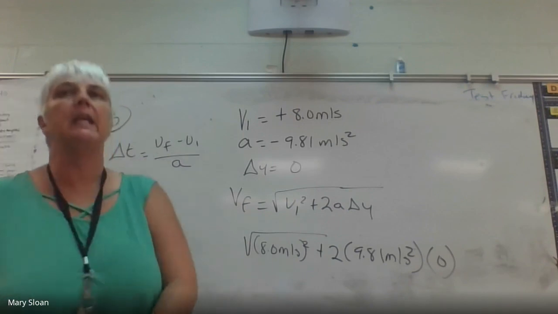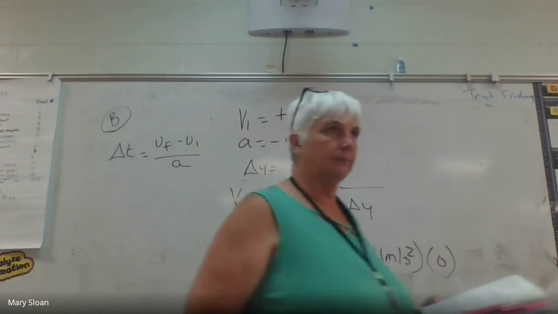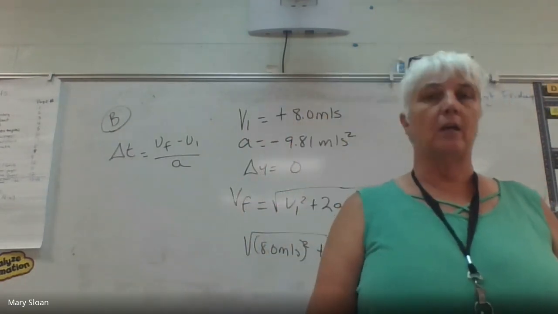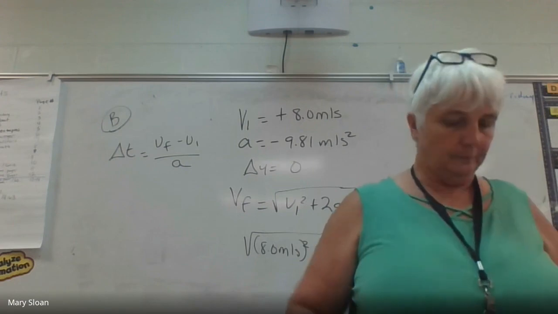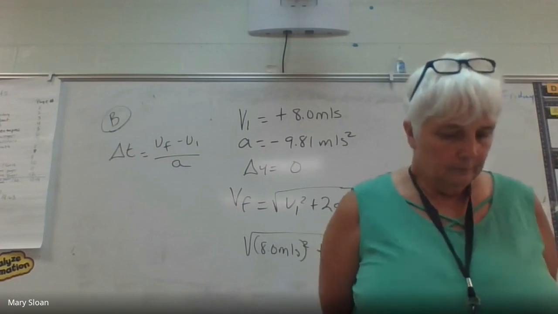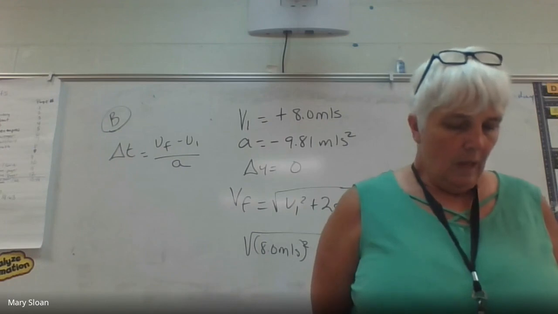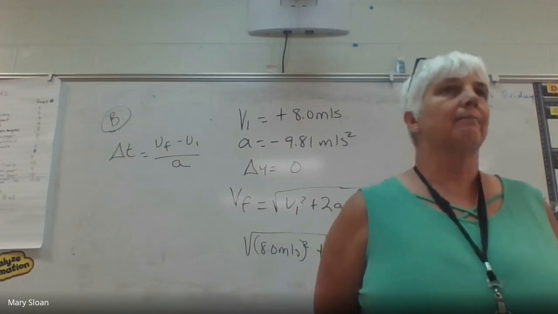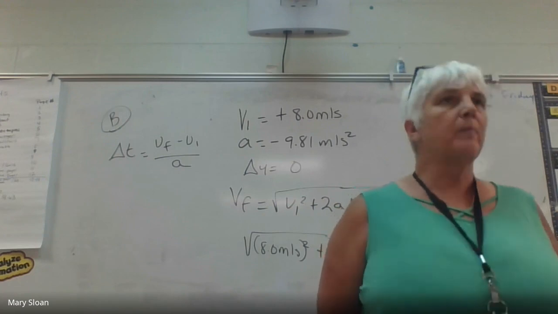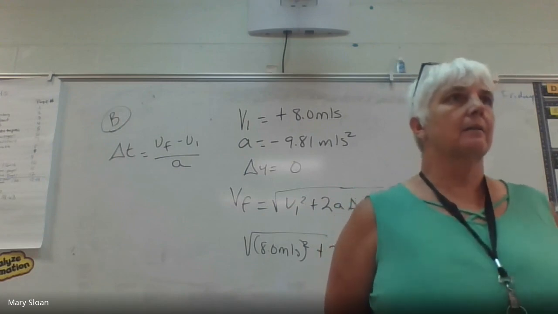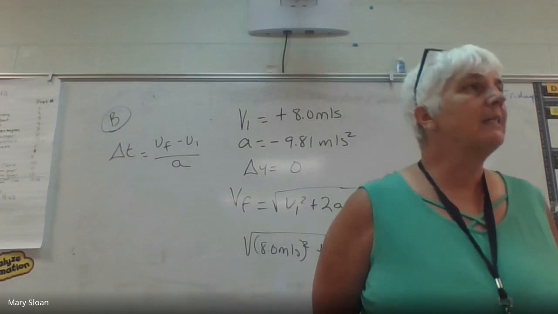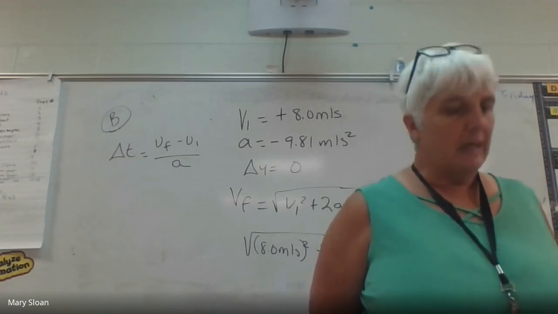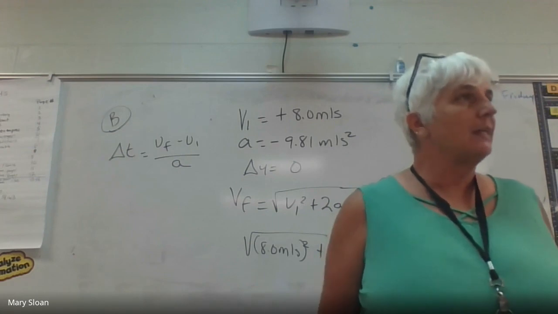What do you get for the answer for that one? Negative 8 minus 8 divided by negative 9.8. And you should get 1.63 seconds. 1.63 seconds. I did negative 8 meters per second, subtract 8.